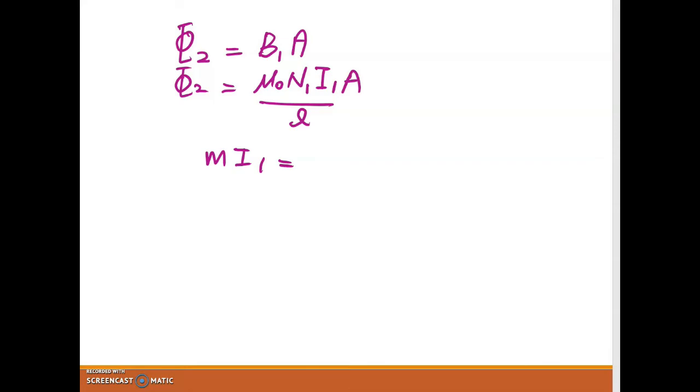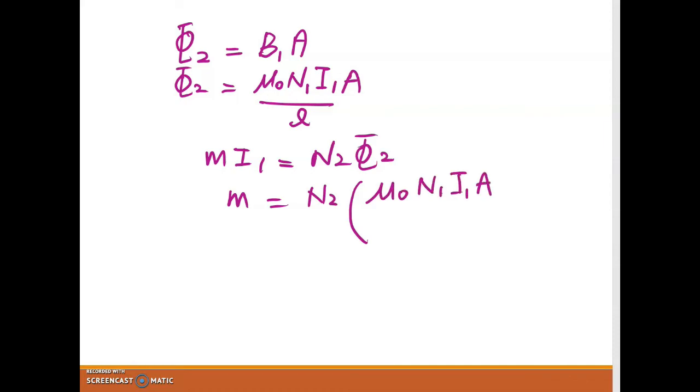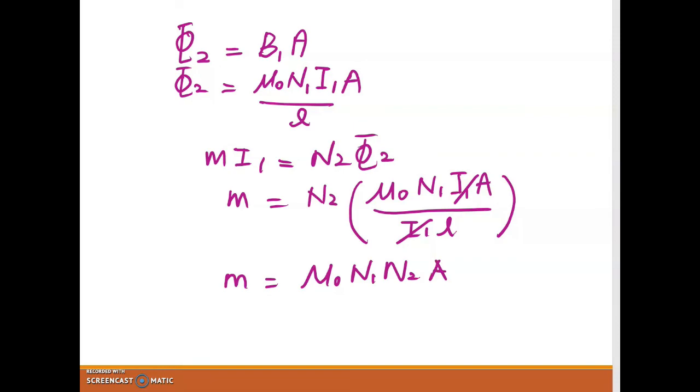M I1 is equal to N2 Φ2. So we have obtained M. N2 Φ2 is mu naught N1 I1 A over L. Okay, so then the equation, we cancel I with I, becomes mu naught N1 N2 A over L. So this is our equation for the mutual inductance.